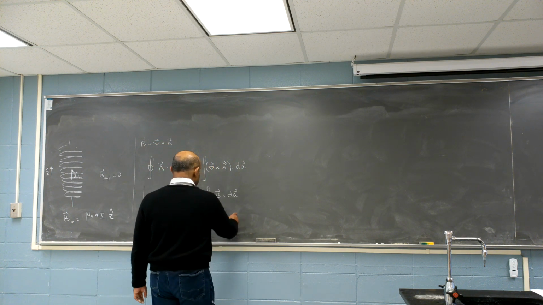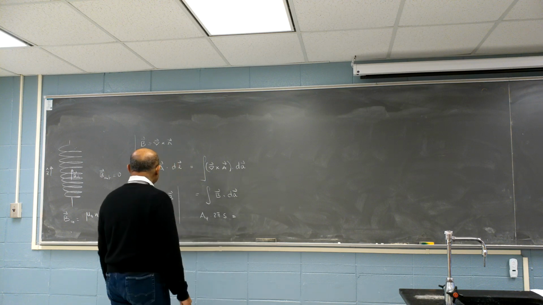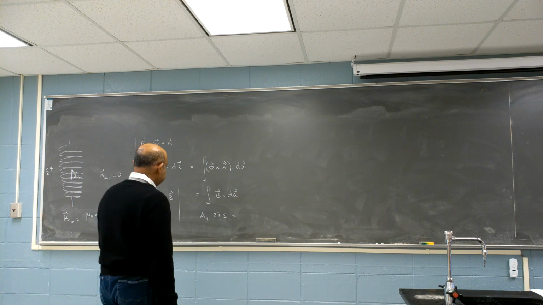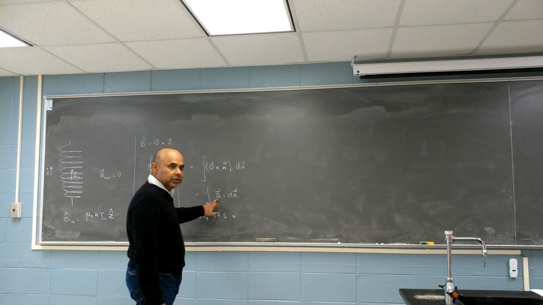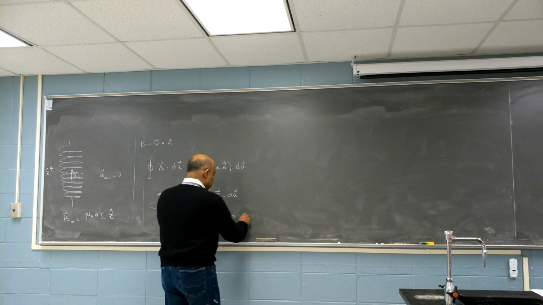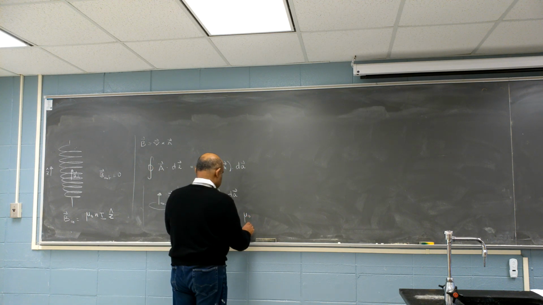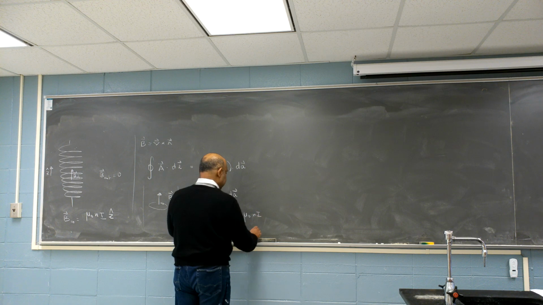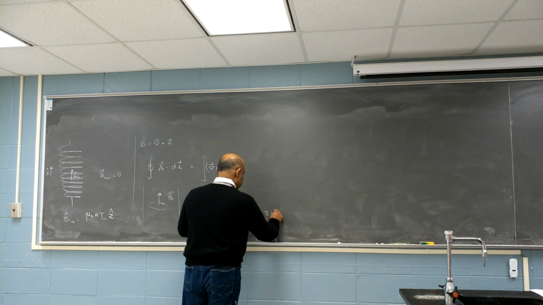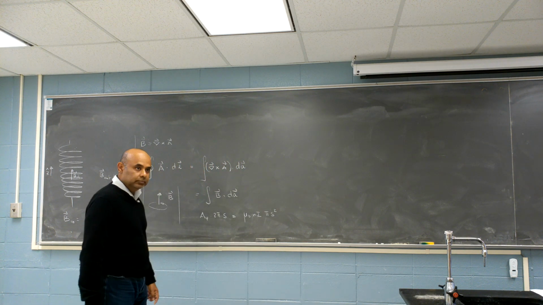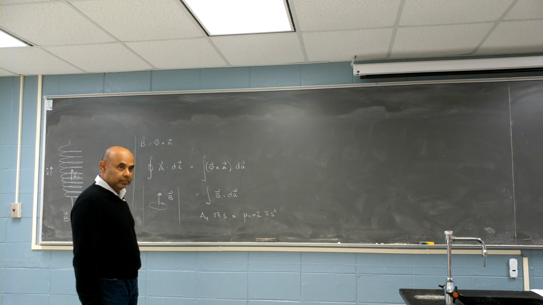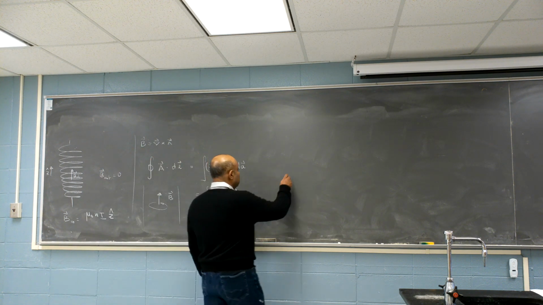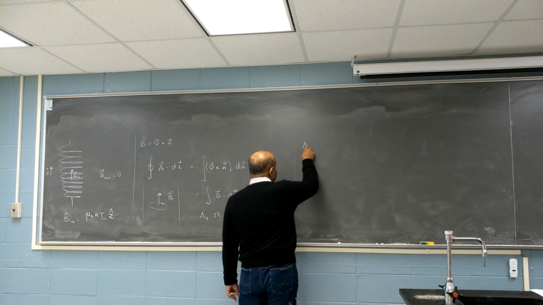It just becomes A, the magnitude of the vector field, times the circumference of the circle. That's equal to, B is also constant, mu 0 n I pi s squared. And so, what is A phi?